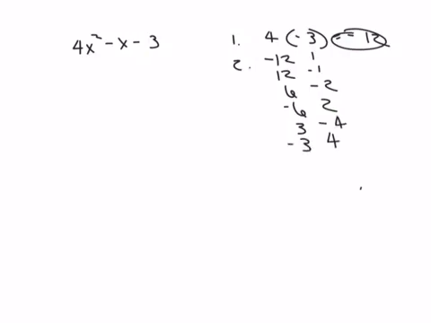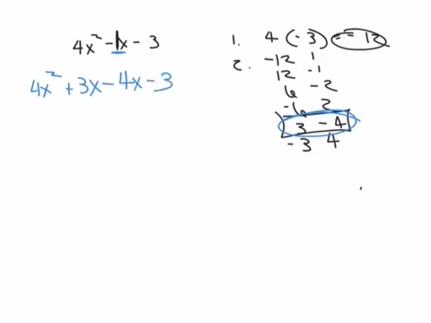I think that's it. And add up to give me negative 1. That one. So let's substitute that for the negative 1 here. So 4x squared plus 3x minus 4x minus 3.